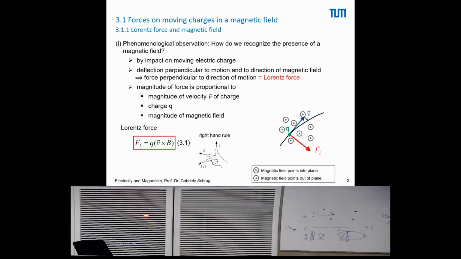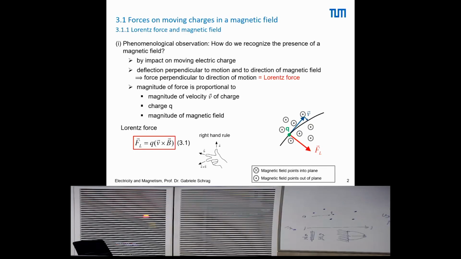What you see here are field lines of the magnetic field, but they are coming out of the plane. The common notation is, if you have lines coming out of the plane, you make that a circle with a dot. That means it comes out of the plane. If it goes into the plane, you make a circle with a cross, then it goes in. So you have these magnetic field lines coming out.